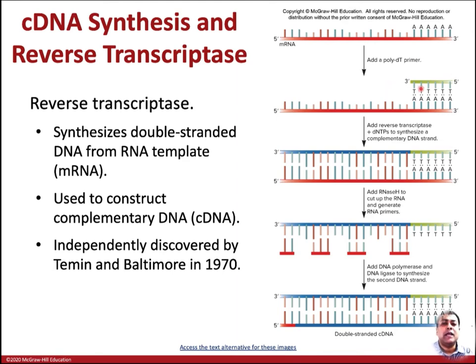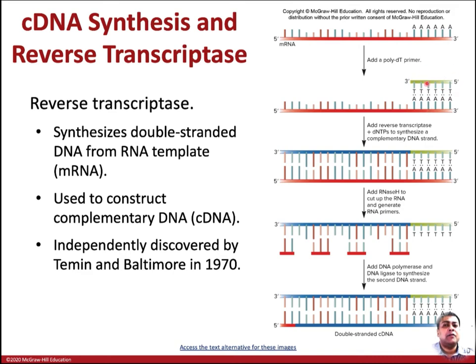Now in a reaction mixture in a test tube, you have all your mRNAs that you have isolated from a eukaryotic cell. You add the primer, which is an oligo-dT or the poly-dT primer. And these T's will find the poly A's, and they're going to bind by hydrogen bonding because they are complementary.